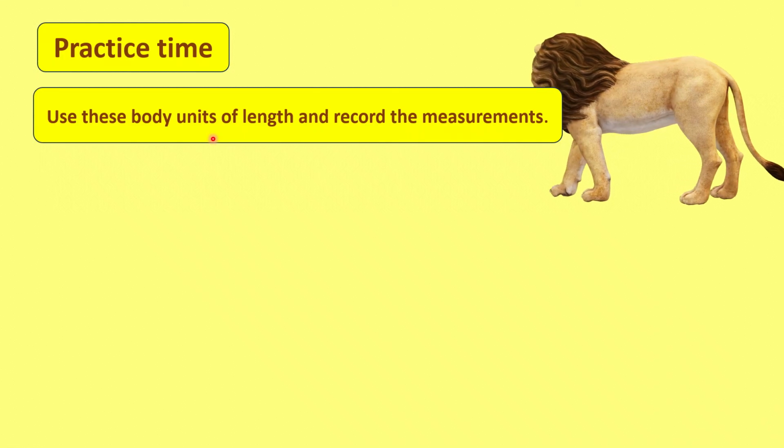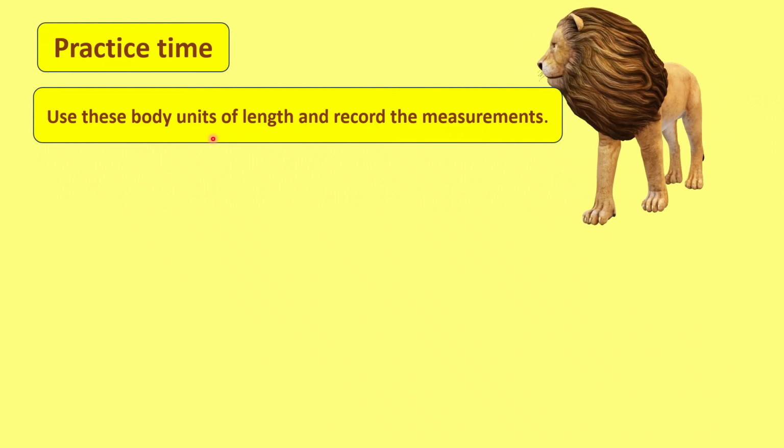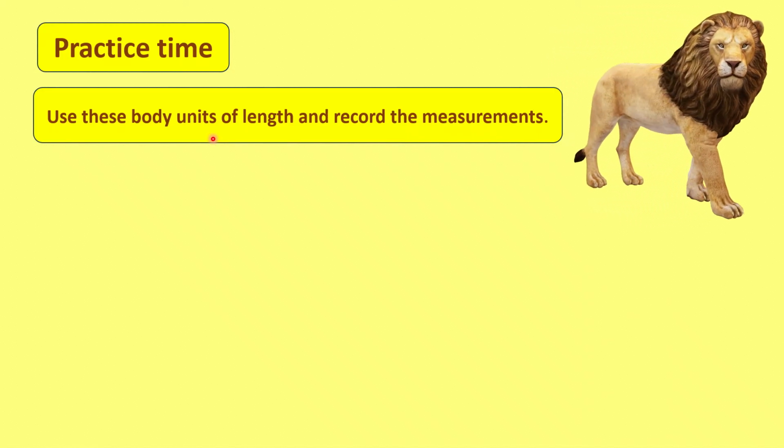Because in ancient times they had no idea about proper standard units, that's why they used them.